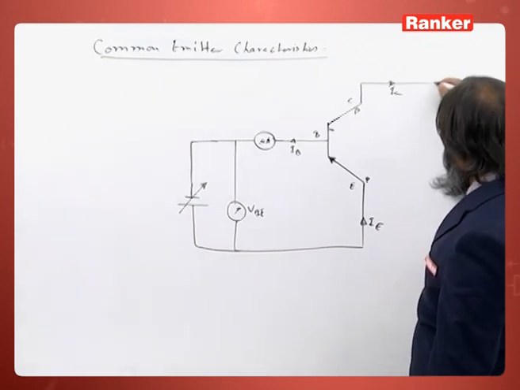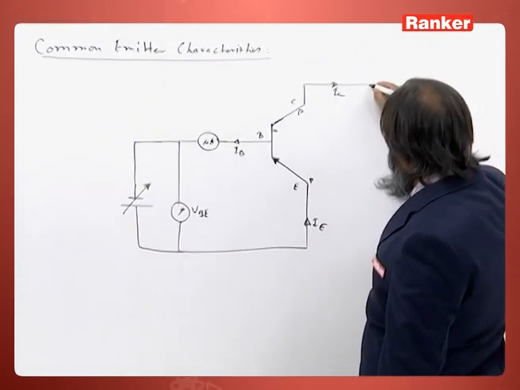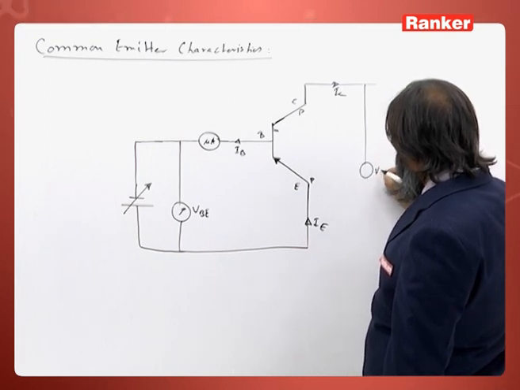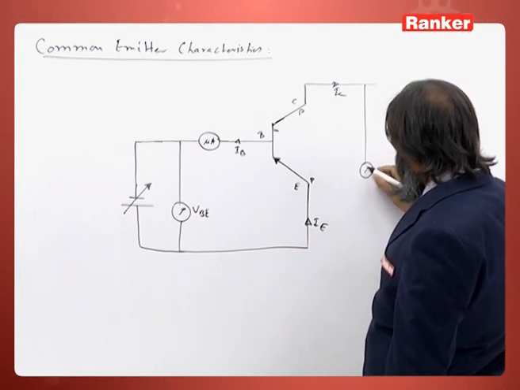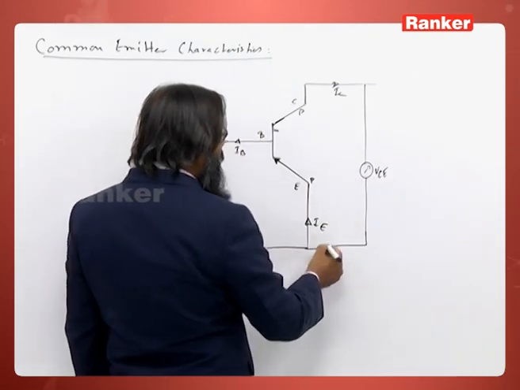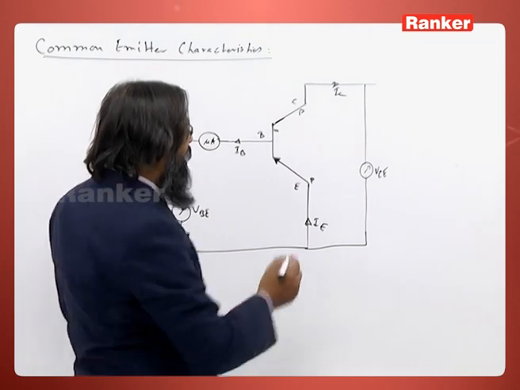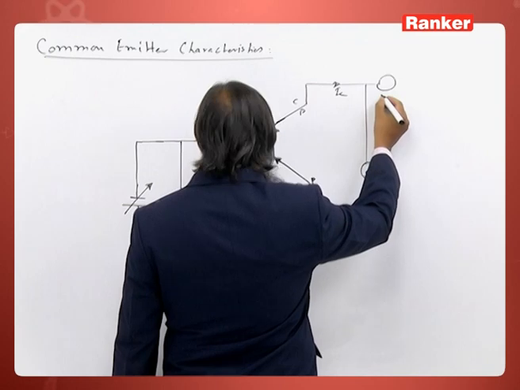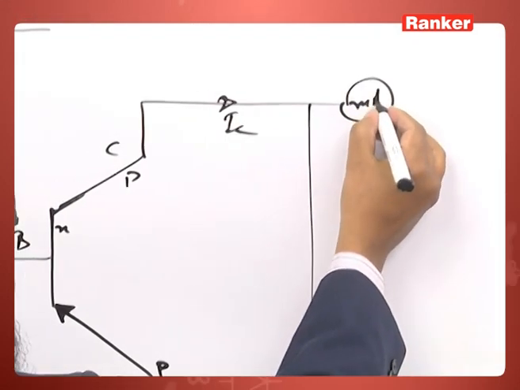Next here again we have a voltmeter that measures VCE, and here I have an ammeter for measuring collector current, which is in milliampere.